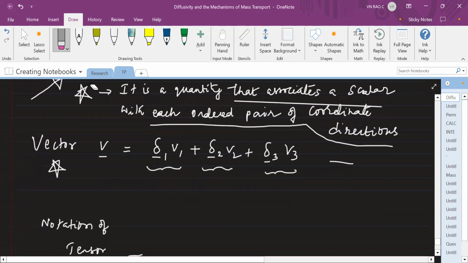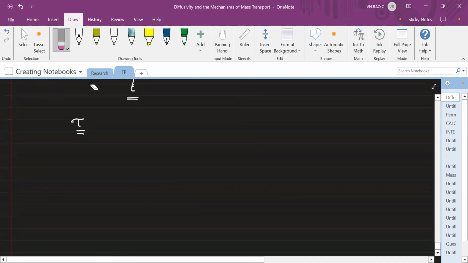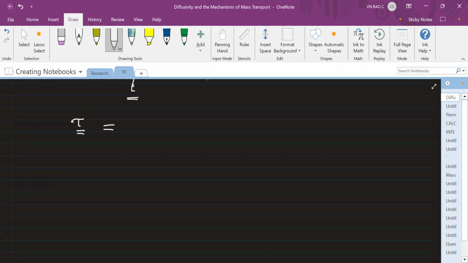So, the tensor as it is in terms of its components. How do I do it? In terms of its components. So the tensor is expanded like this. Delta 1, delta 1, tau 1.